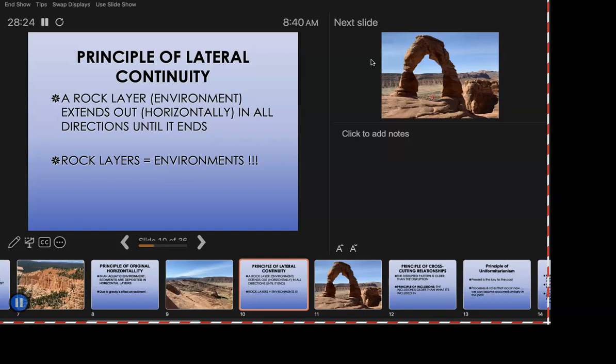When we put the words in the parentheses in place, and we go back to the fact that I was trying to get across to you guys earlier, that a layer of rock is a representation of an environment. All right? And look out the window, look out your window at home. At some point, look out a window and look at the environment that you're in.